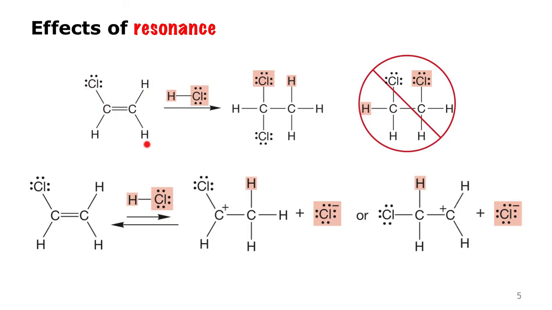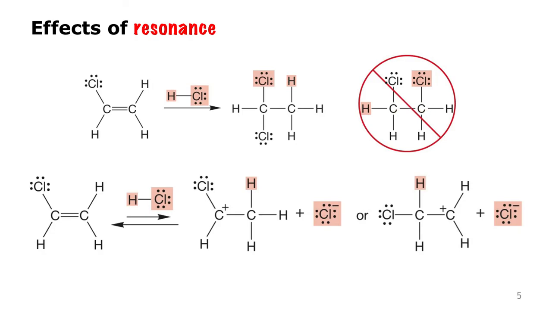If you carry out the electrophilic addition using hydrogen chloride on vinyl chloride, you produce exclusively 1,1-dichloroethane. The chlorine adds to the carbon that bears the chlorine to begin with, and the hydrogen adds to the carbon that has the two hydrogens on it. So we don't observe any of the 1,2-dichloro product.